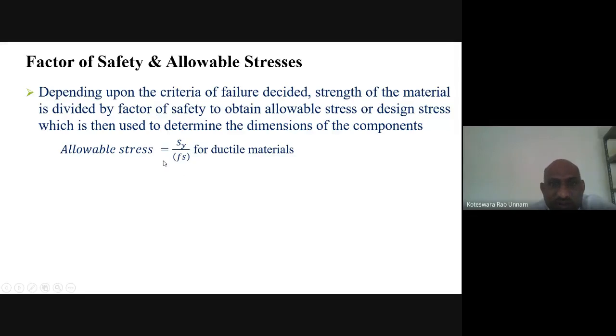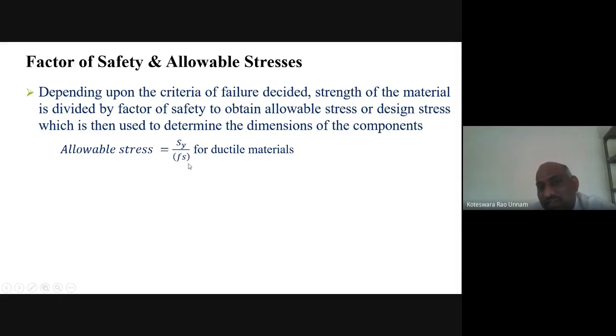If you apply the factor of safety, if it is 1, the strength is going to be SY only. If the factor of safety is increasing from 1, we are decreasing the strength of the material, even though its strength is SY. Let us say I take a factor of safety of 2, then the allowable stress becomes SY by 2.